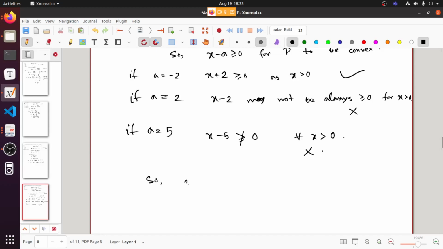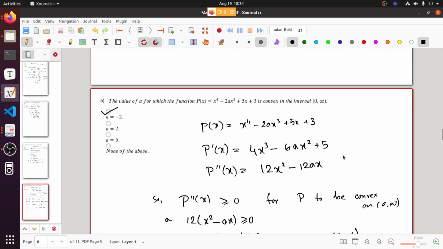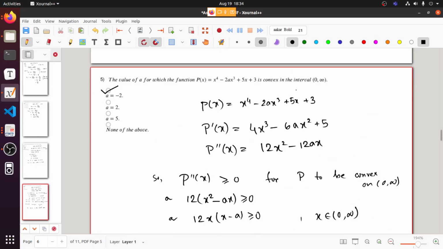So a equals minus 2 is the correct option. If we take a equals minus 2, then p will be convex in the interval 0 to infinity. Is this fine?